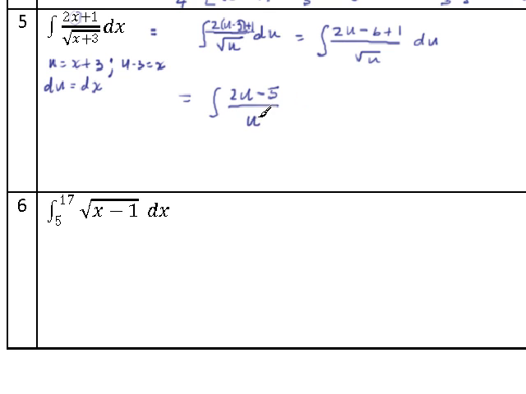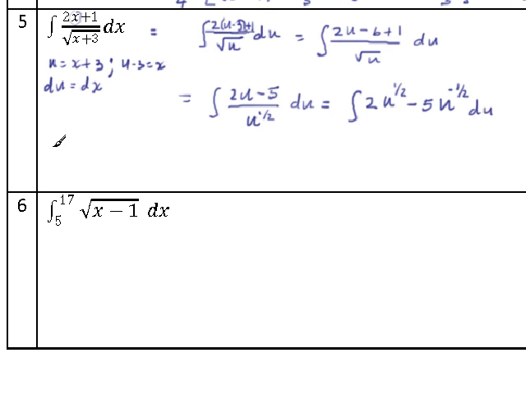I'll write that as u to the 1/2. And now in order to use the power rule, I'm going to have to divide this numerator by this denominator. So let's do that. u divided by u to the 1/2 is u to the 1/2, minus 5, and then just bring this up, u to the minus 1/2 du.